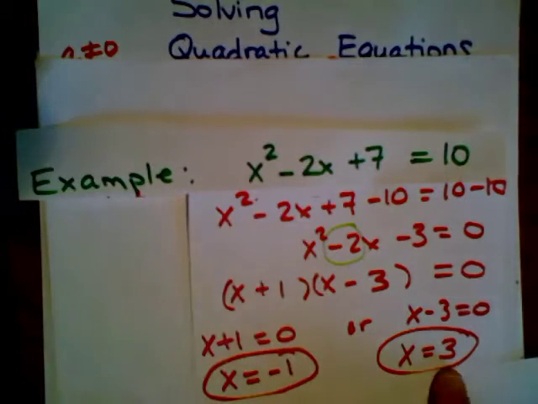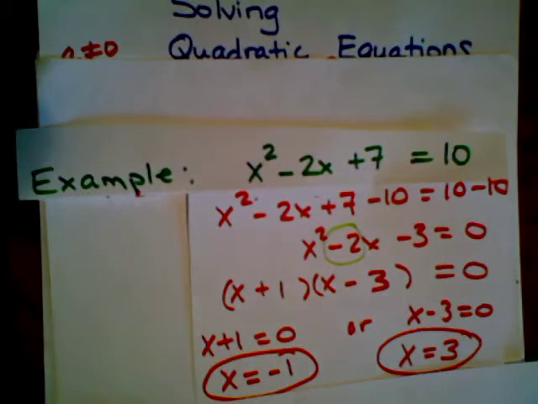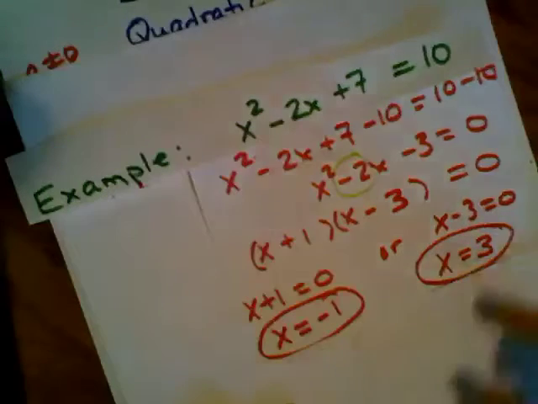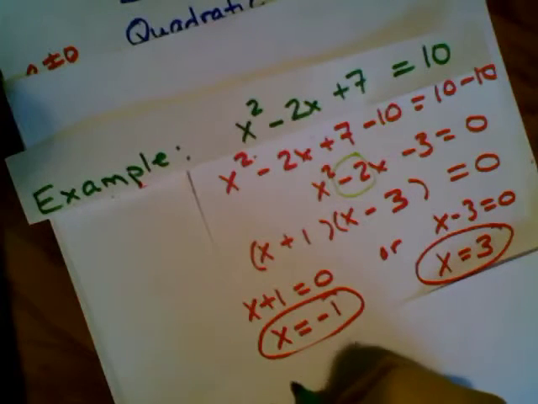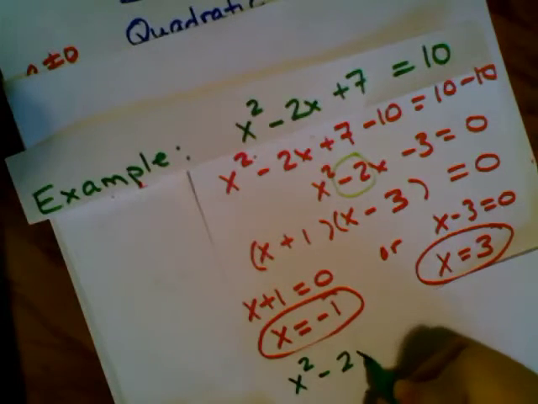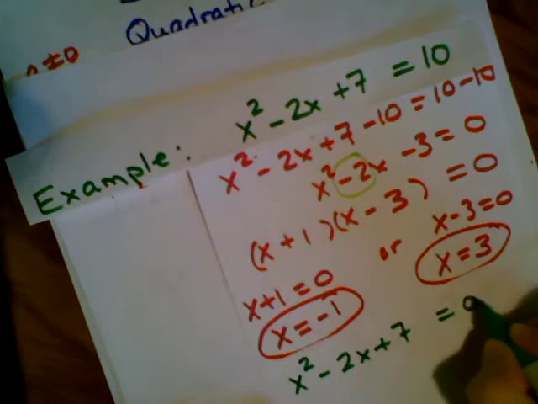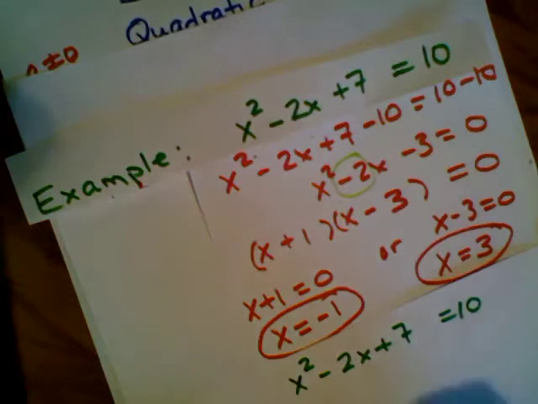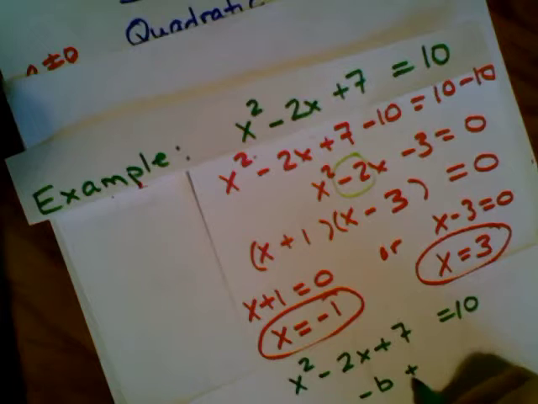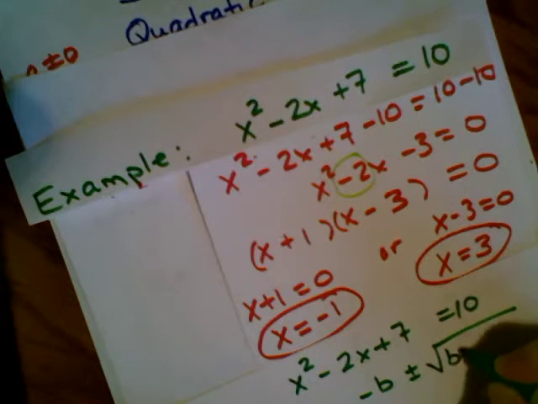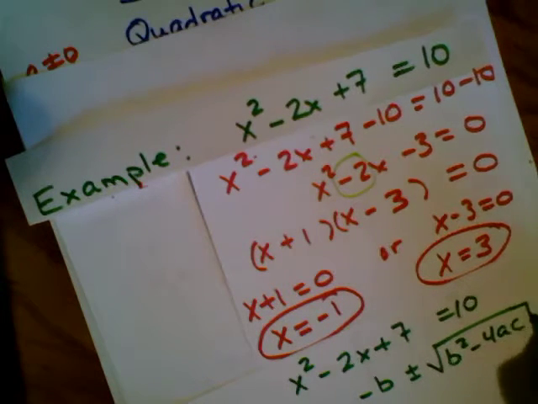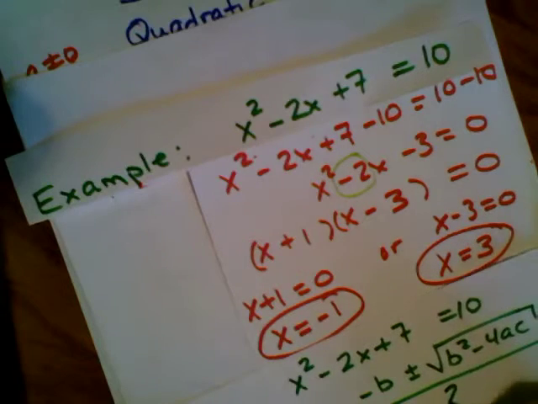Okay, let's take the same example and use the quadratic formula. So we're going to continue to explore x squared minus 2x plus 7 equals 10, and we're going to try to use the quadratic formula where x equals opposite b plus or minus square root b squared minus 4ac, the whole thing over 2a.